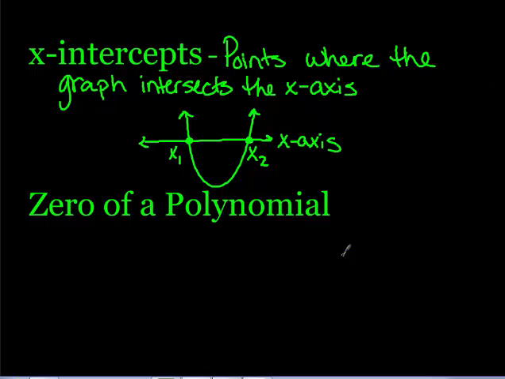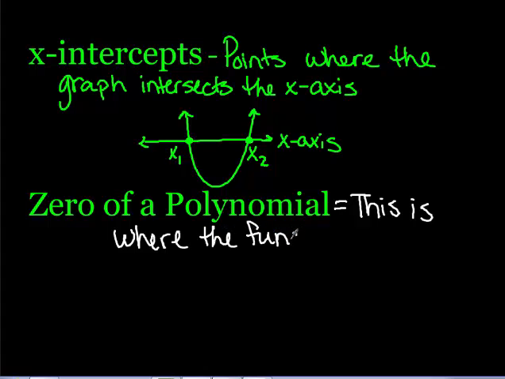What's cool about this is the x-intercepts are also known as the zeros of a polynomial, because when we're talking about the zeros of a polynomial, this is where the function ax squared plus bx plus c is set equal to 0.